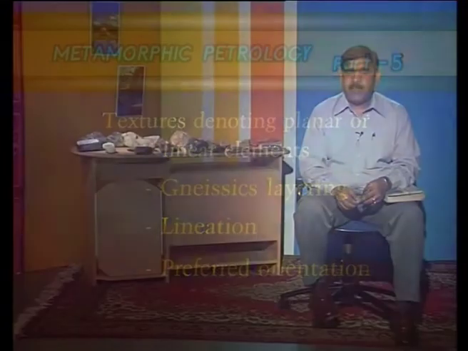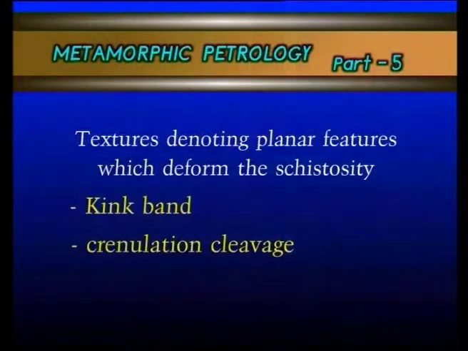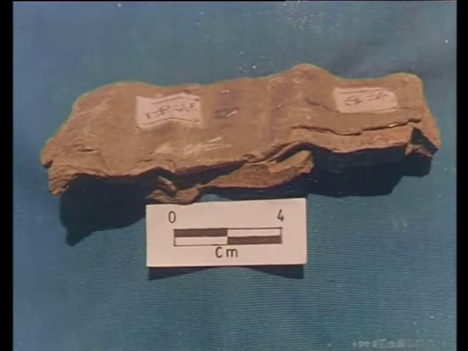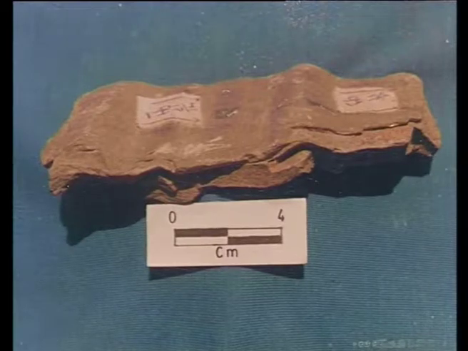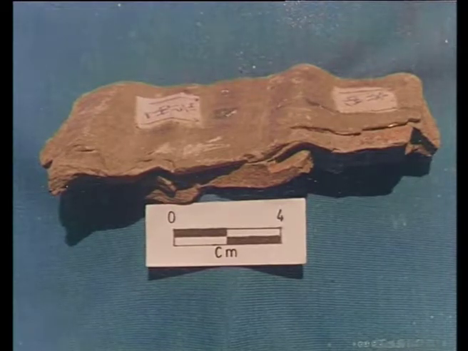Now let us take the second type of structures in which the schistosity is deformed. Normally the crenulation cleavage is present or kink bands are present. Look at the diagram on the screen and see how the kinking or crenulation cleavage develops in a metamorphic rock.